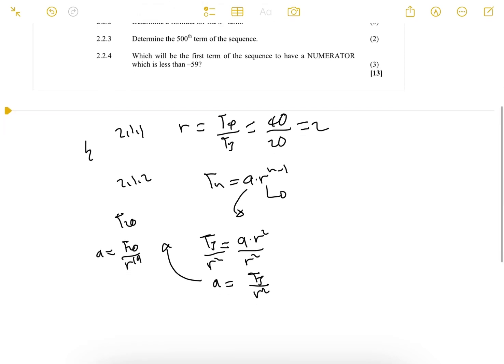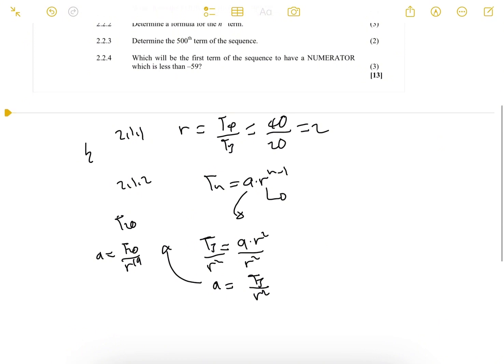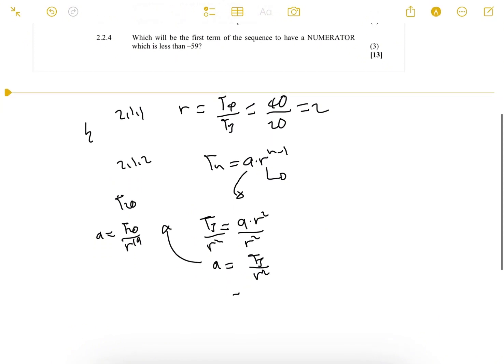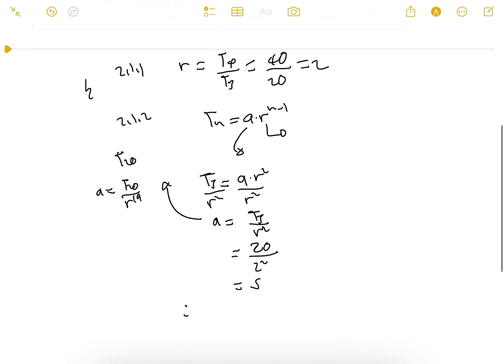Okay, and then from this, our A is going to be 20 over R squared, which is 2 squared, which gives us 5. Therefore, our Tn is equal to 5 times 2 to the exponent n minus 1.